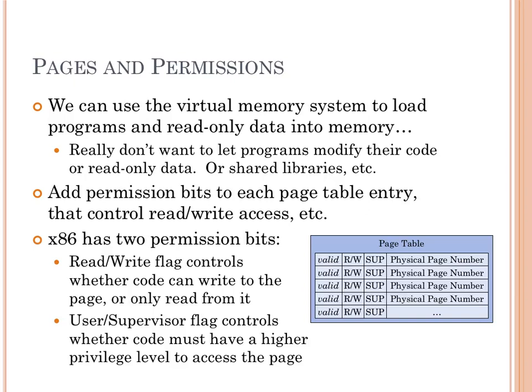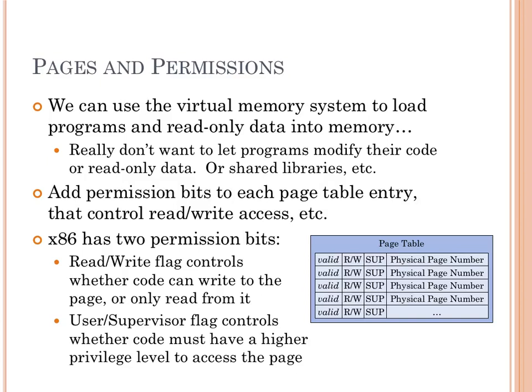Notice our page table entries now: we still have the valid entry. Is it 0 or 1? Is it invalid or valid? We have the physical page number, but then we have a few other details that say what we're allowed to do to that address range. So read-write: if it's 1, we're allowed to write to it. If it's 0, we're only allowed to read it.